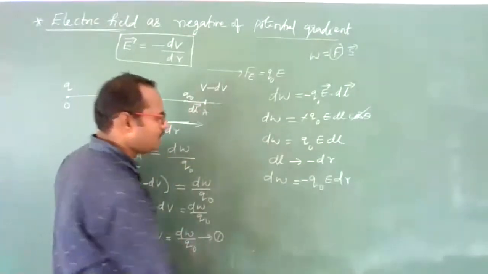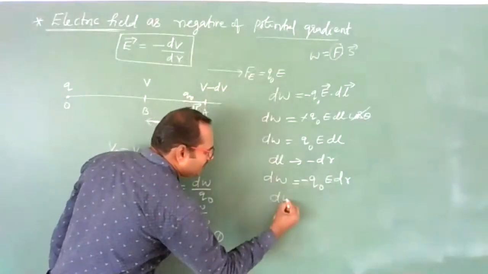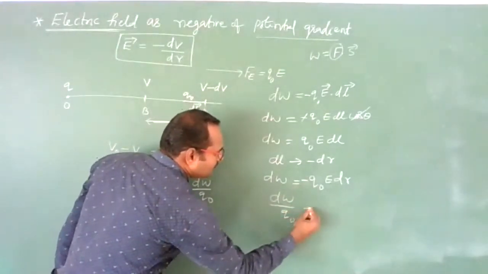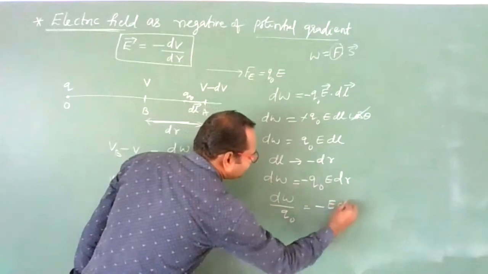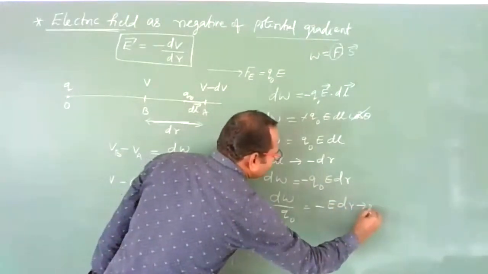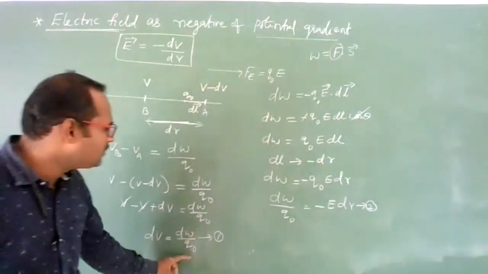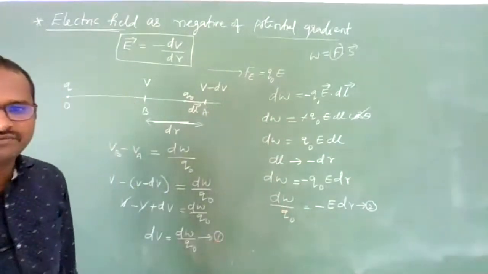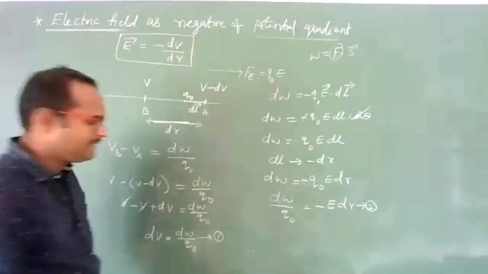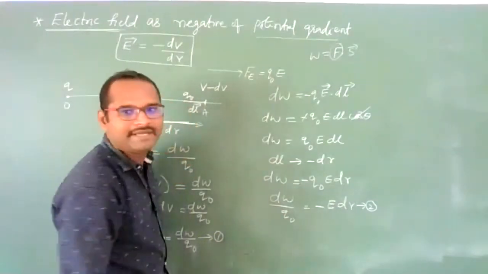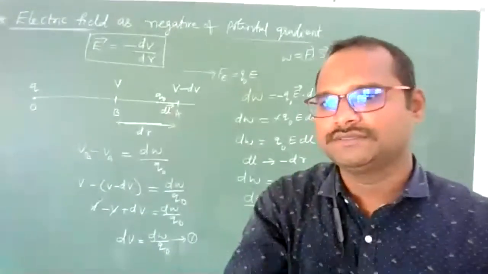Now q naught send this side, you will get dW by q naught is equal to minus E dr. This is equation number 2. Now compare equations 1 and 2. dW by q naught is there in both.